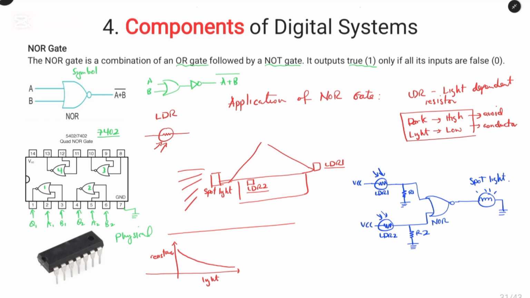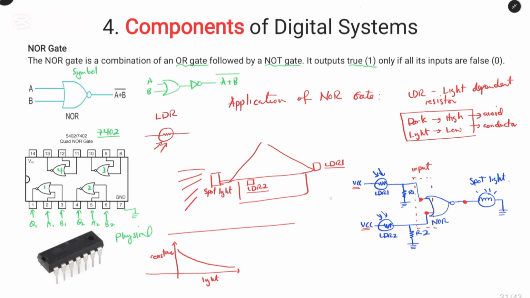This region represents the input, and it is important for you to understand that the determination of whether the input is high or low is based on the input to the particular NOR gate and not the VCC. VCC is not the real input. The real input to the gate is connected here, and this is the output of the NOR gate.